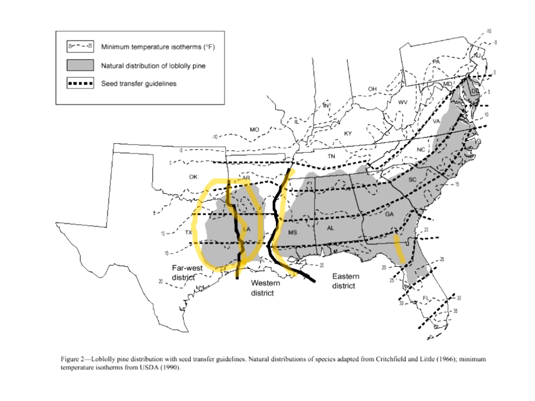So these maps are somewhat conservative, but when you're planting seed that's going to be in place for a couple of decades, it's not always a bad idea to be conservative. So these maps are really useful in terms of guidelines for moving seed around on the landscape. So for instance, we can move seed east to west from this part of Georgia into Mississippi as long as we don't cross a dotted line or a solid line.